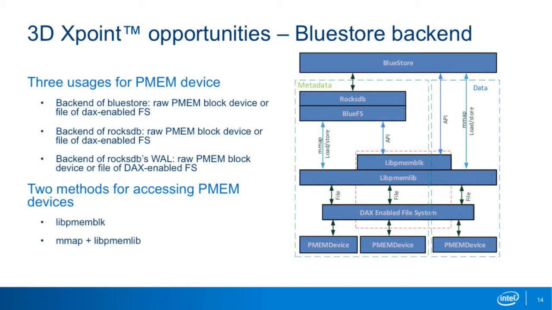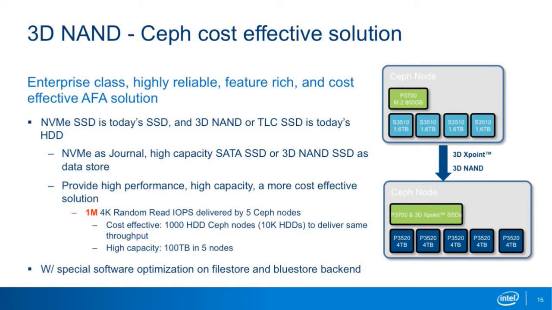One is a PMStore, a persistent memory store, using 3D XPoint with the Intel NVM library. The other is that we think we can use 3D XPoint in the new BlueStore for metadata, and even in FileStore as journal, using large 3D XPoint, because 3D XPoint SSDs are going to have very large capacity per drive.